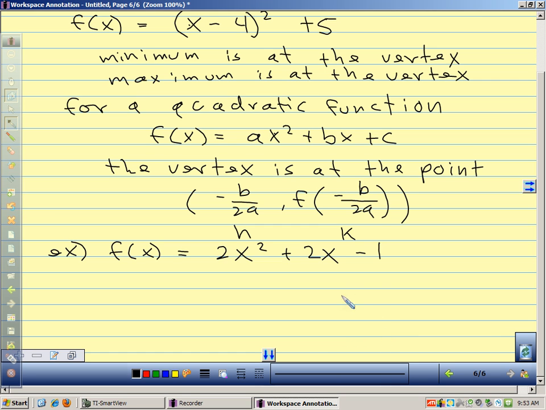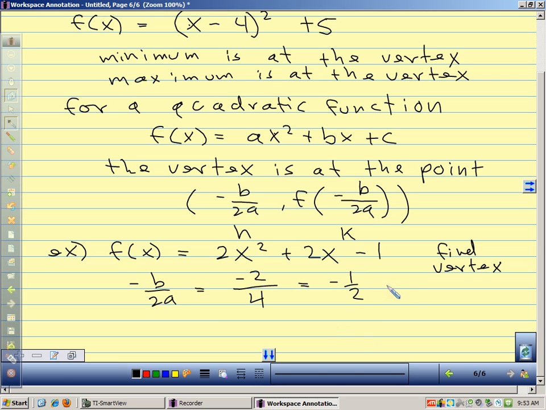And we want to find the vertex for this quadratic function. The vertex is going to be at negative b over 2a. Negative b over 2a is negative 2 divided by 4. So we get minus 1/2.